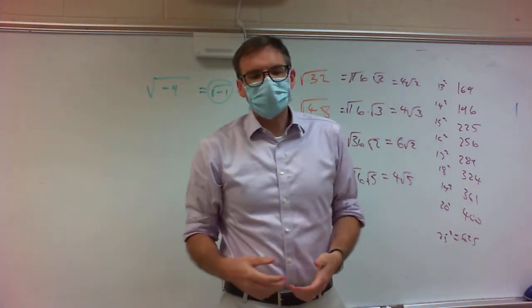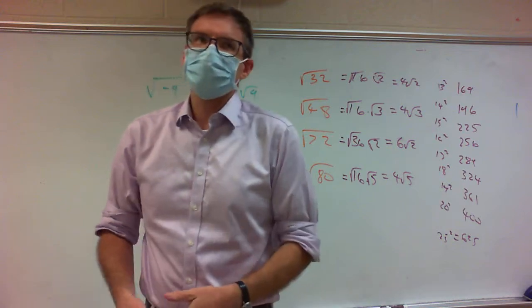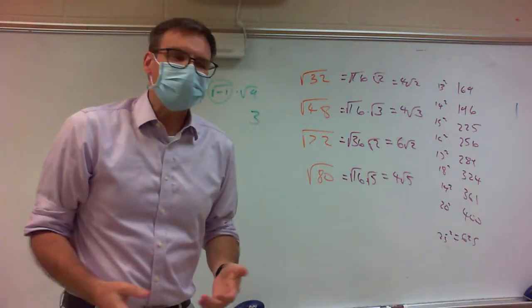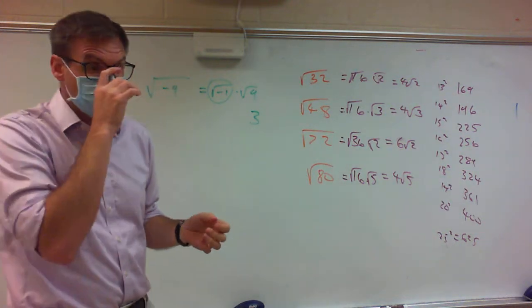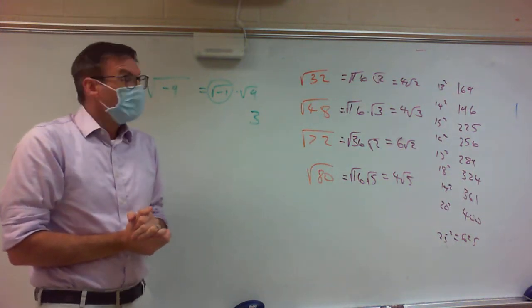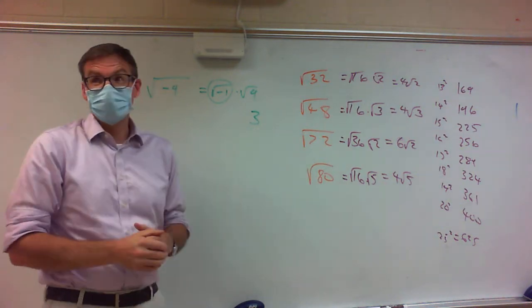So the first guy that actually thought about dealing with the square root of negative 1 was a guy named Frederick Karl Gauss. We're in the early 1800s, and he actually came up with some very interesting things dealing with the square root of negative 1.